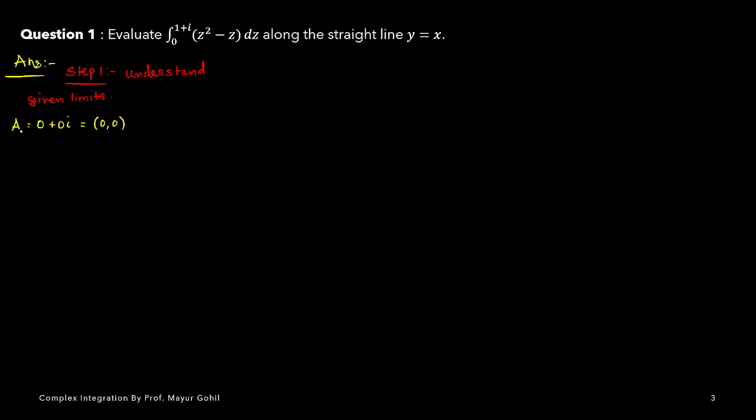Now we have another point, B, which is 1 plus i. Here its x coordinate is 1 and the y coordinate, the coefficient of i, is again 1. So I have got 2 points: A is 0 comma 0 and B is 1 comma 1.